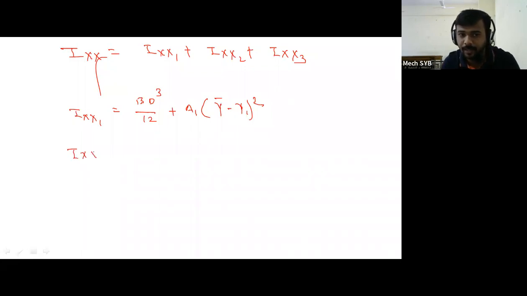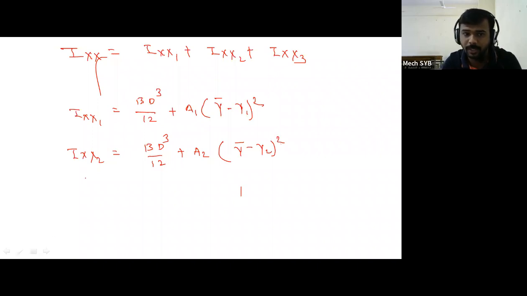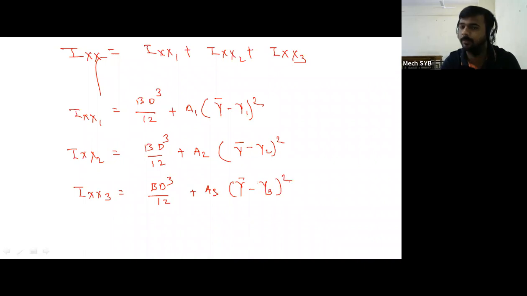Similarly, Ixx2 is equal to BD cube by 12 plus A2 in bracket y bar minus y2 bracket square, and Ixx3 is equal to BD cube by 12 plus A3 in bracket y bar minus y3 bracket square.